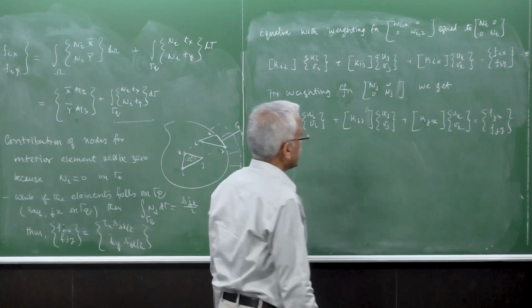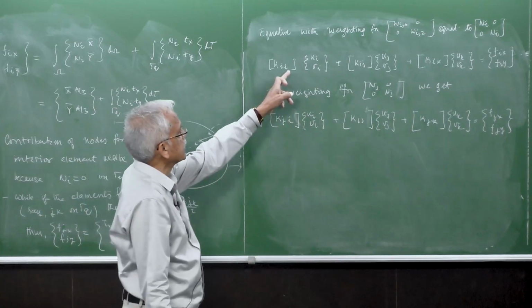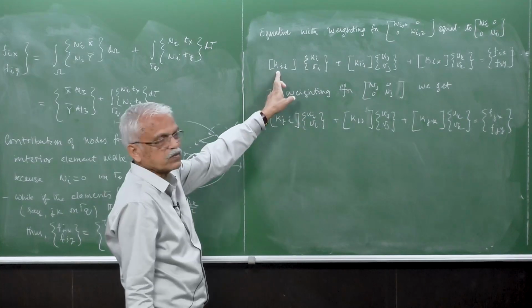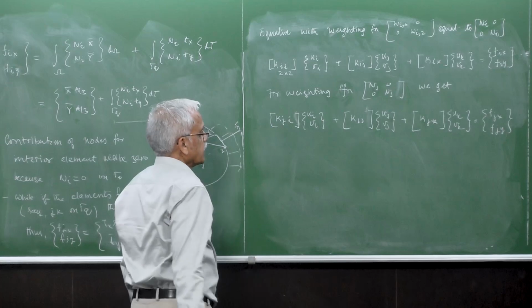Okay, so this is the second set of equations. Each set of equations is equivalent to 2 equations, each one of them 2 by 2, and so on.